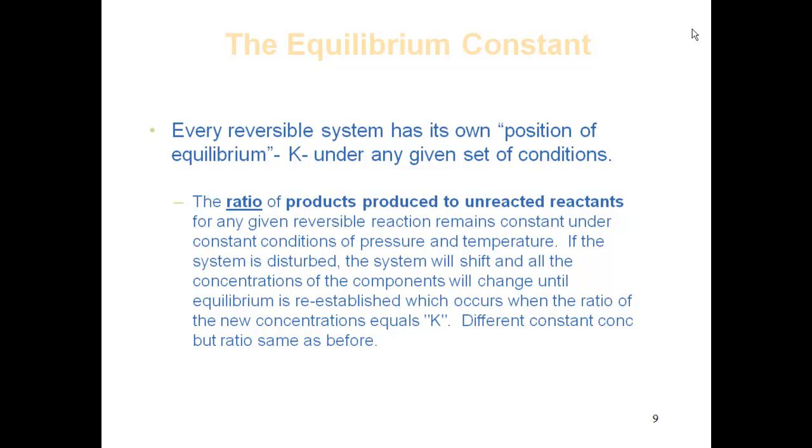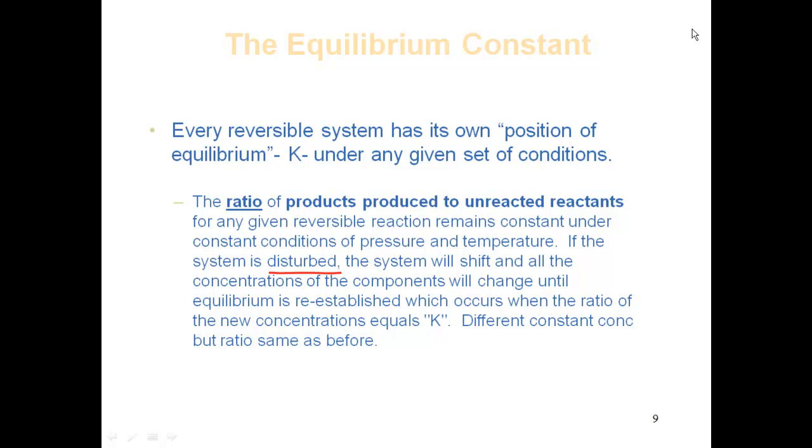However, if the system is disturbed, the system will shift and the concentrations of all the components will change until equilibrium is reestablished, which occurs when that ratio of new concentrations equals K. So if I have reactants and products at equilibrium, and then I add more reactants, it's going to be unbalanced, and it's going to have to shift, in this case, toward the products, to form more products and consume that extra A. Then we're going to get different concentrations of A, B, C, and D. However, when it reaches equilibrium, that ratio will still be equal to that K value.